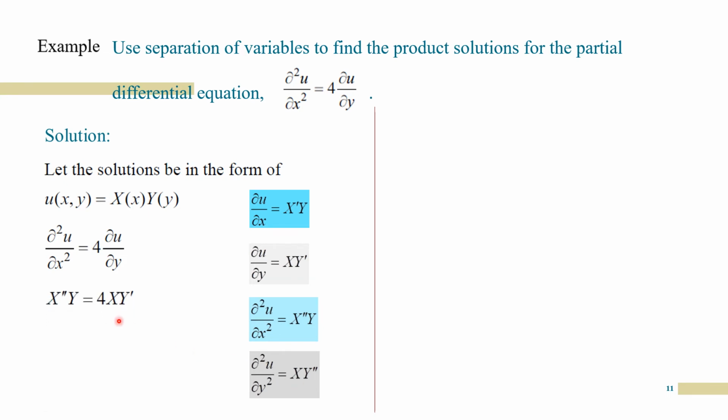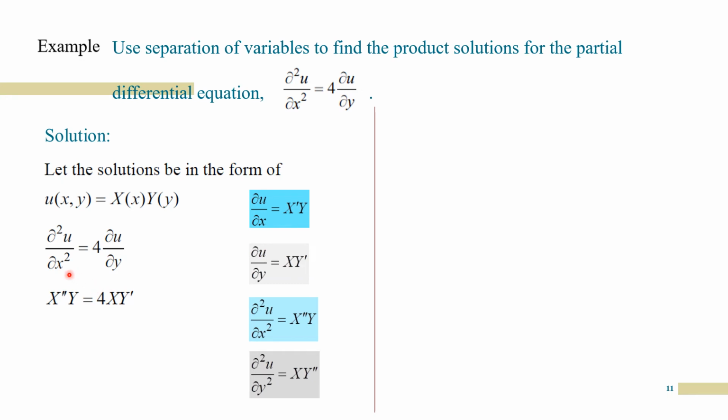So for the left side of this equation, ∂²u/∂x² is replaced by X''Y, and on the right side, ∂u/∂y is replaced by XY'. Okay, so the equation becomes X''Y = 4XY'.